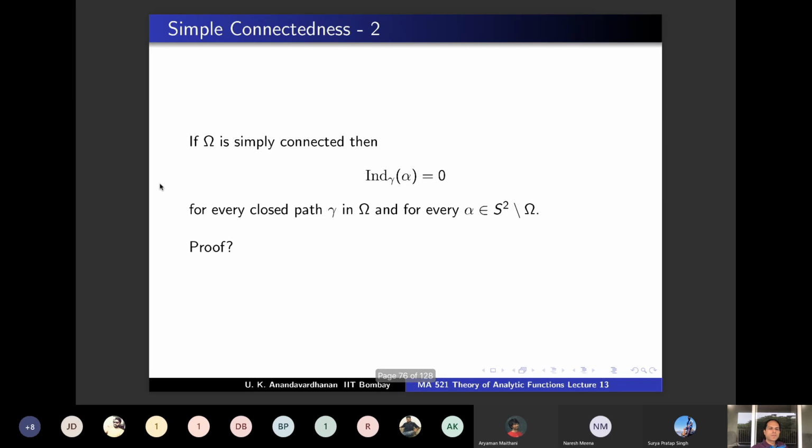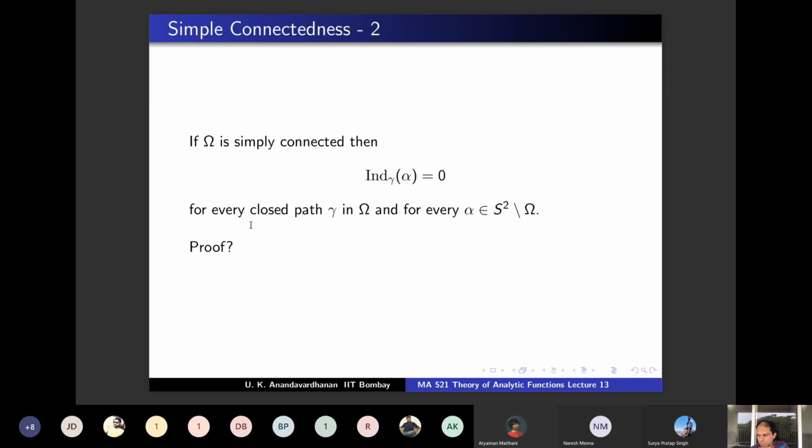So what is the proof? We have already done this. Omega is simply connected. What is given to us is that every closed curve is homotopic to a constant curve. What we have to show is that every closed path is homologous to 0.